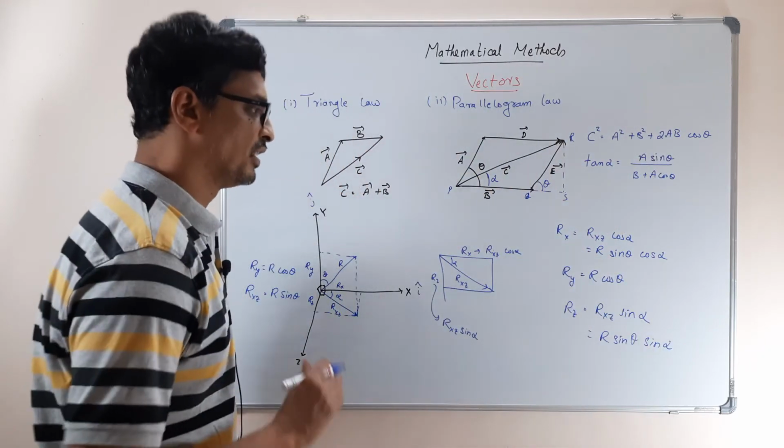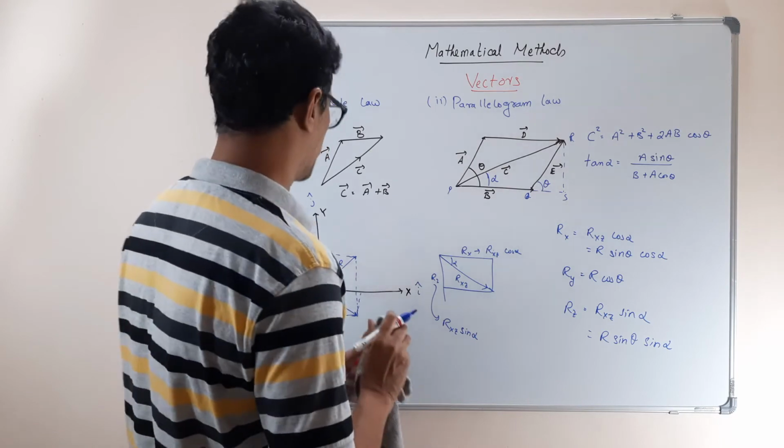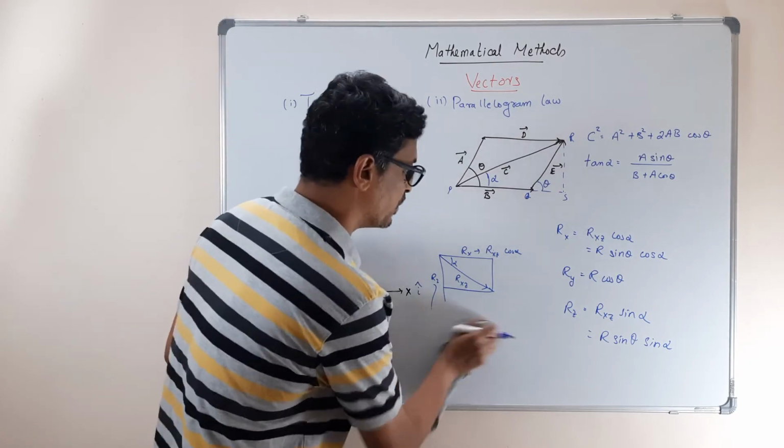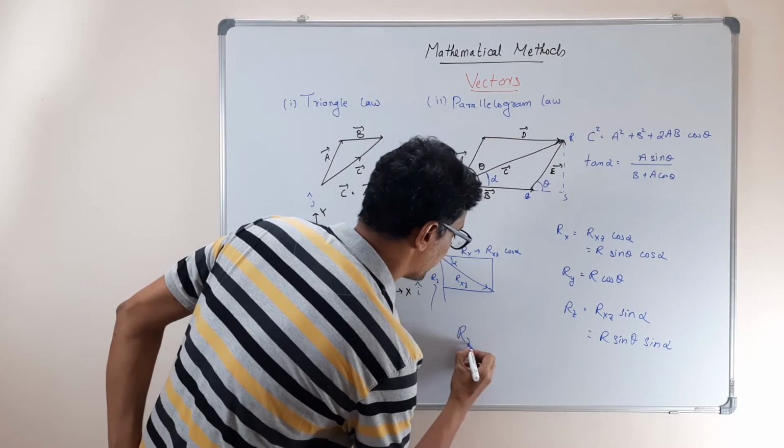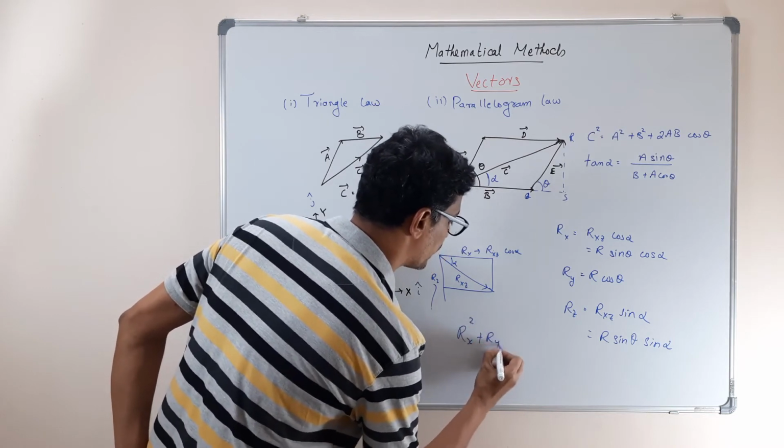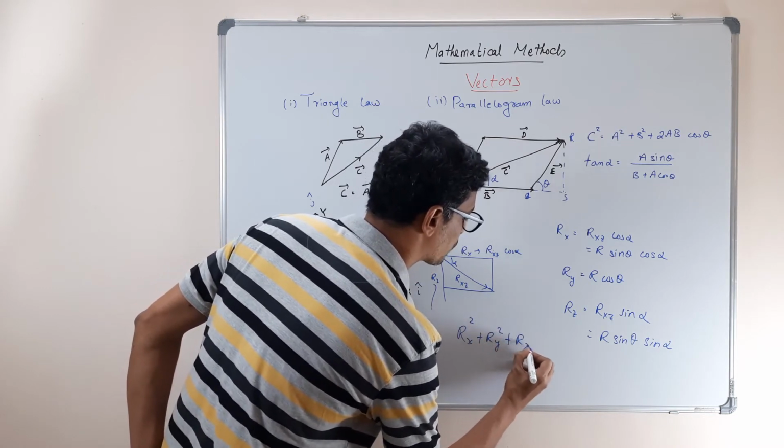Now, this is a trigonometry problem. I am asking you, what will be your Rx square plus Ry square plus Rz square?